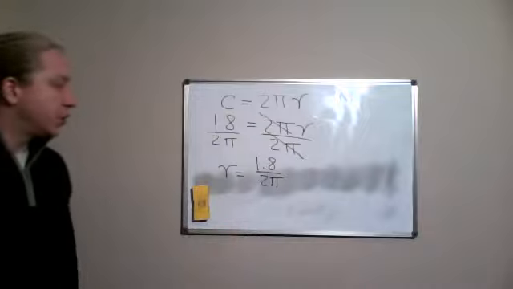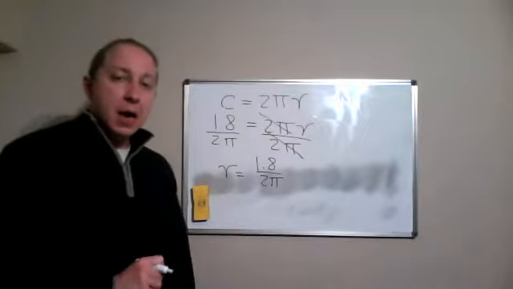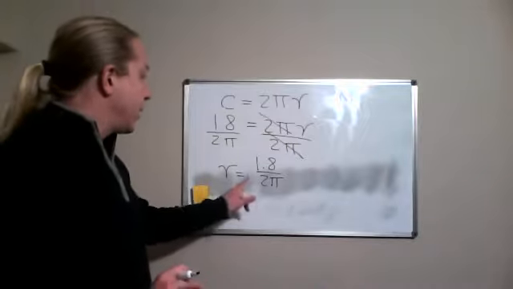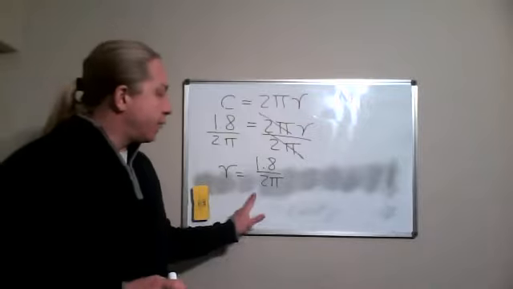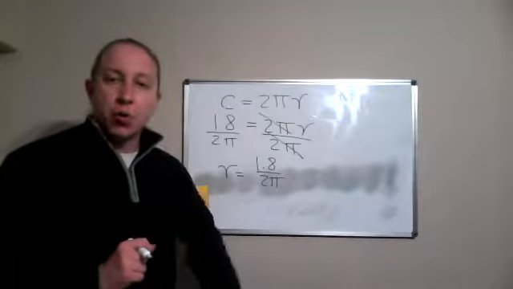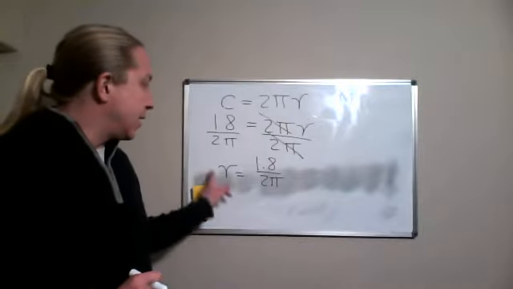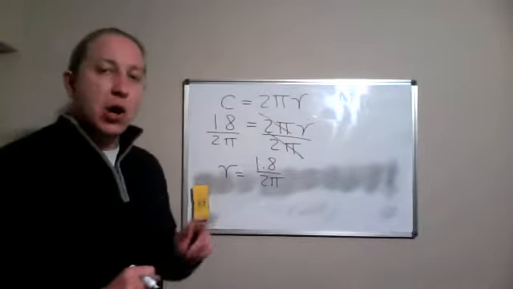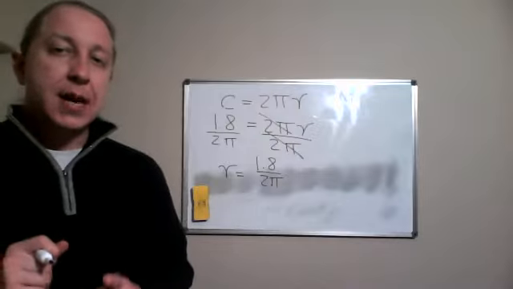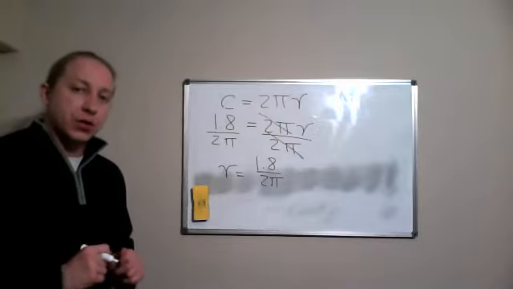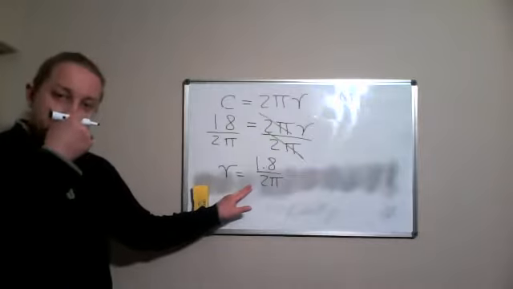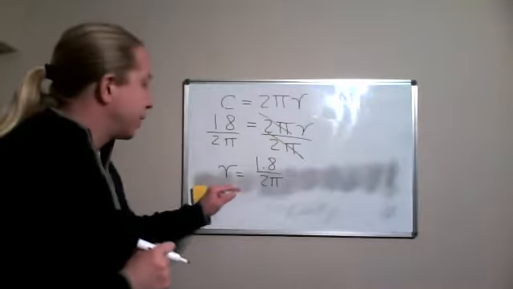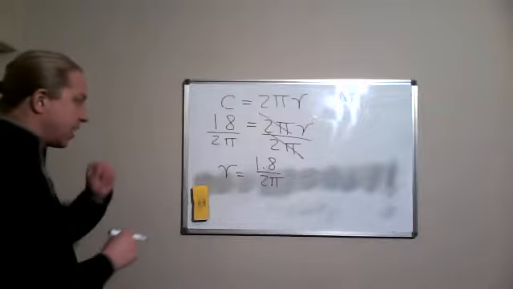Again, I wouldn't recommend putting this into your calculator just yet, because it's going to give you decimals and you're going to round it off. And remember, this is an intermediate calculation. They didn't ask us to find radius. They said, find the area of the circle. So I wouldn't round off this answer because it's going to throw off our final answer. So I'll keep the radius like that.